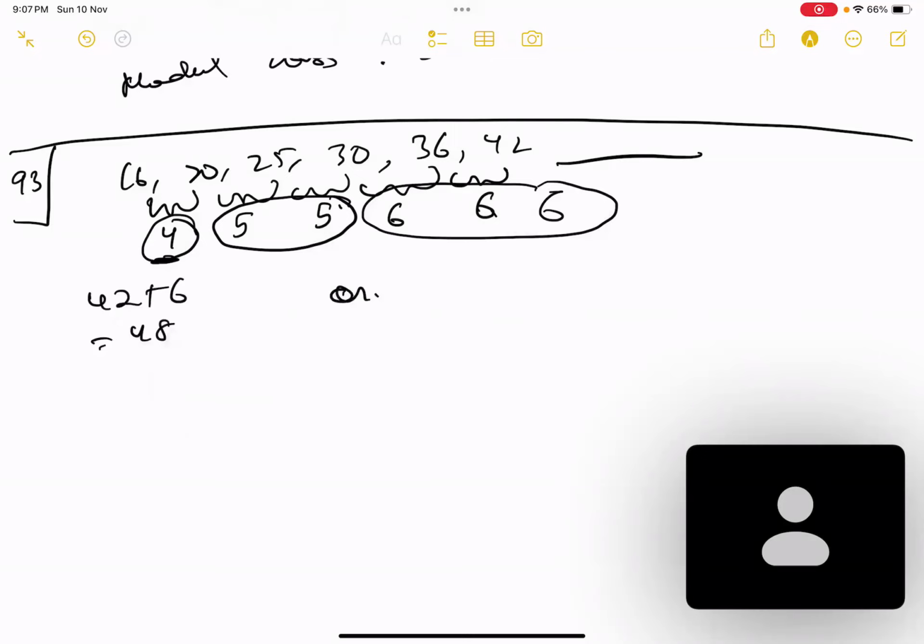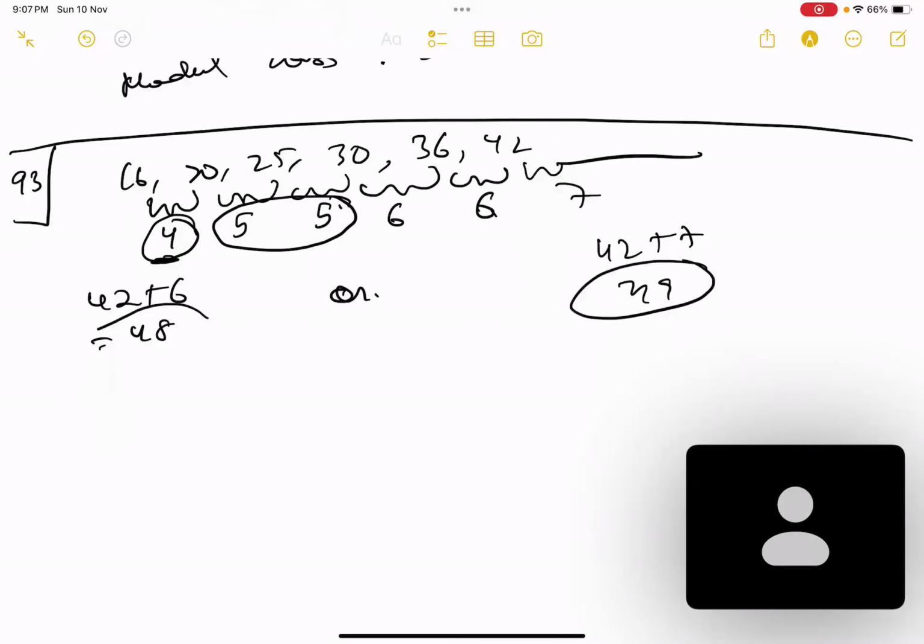Or the other way to see this: since the differences are like this, the next difference will be 7, right? Or it's 42 plus 7, that is 49. So the answer will be either 48 or 49.